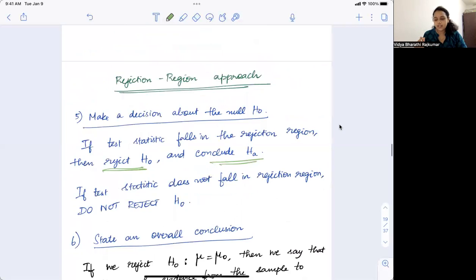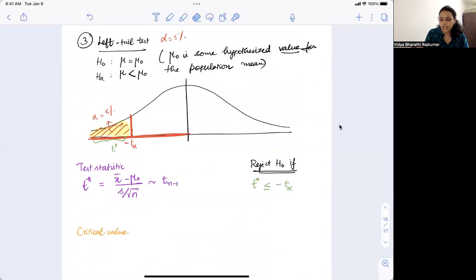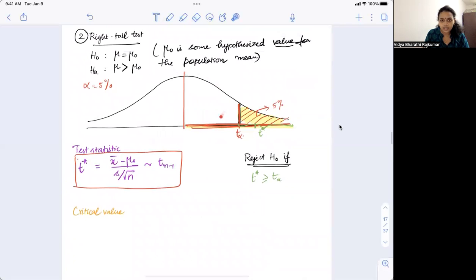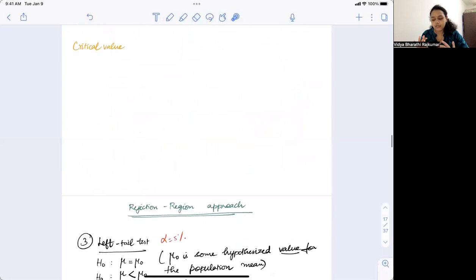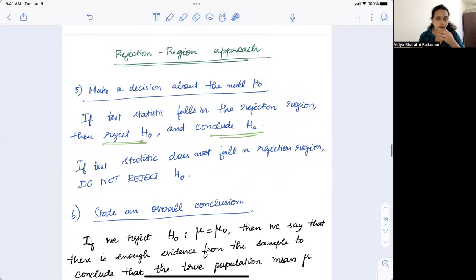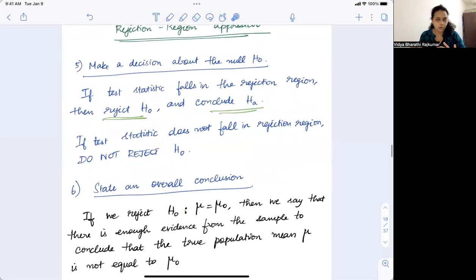So if your test statistic happens to fall anywhere here in this case, or anywhere here, all of those suggest that there's a good level of probability associated with getting a T-stat value there, and therefore it is not an unlikely event. So there is no evidence to reject the null. So the bottom line is, if you find your T statistic falling into the rejection regions, reject your null. If not, do not reject.